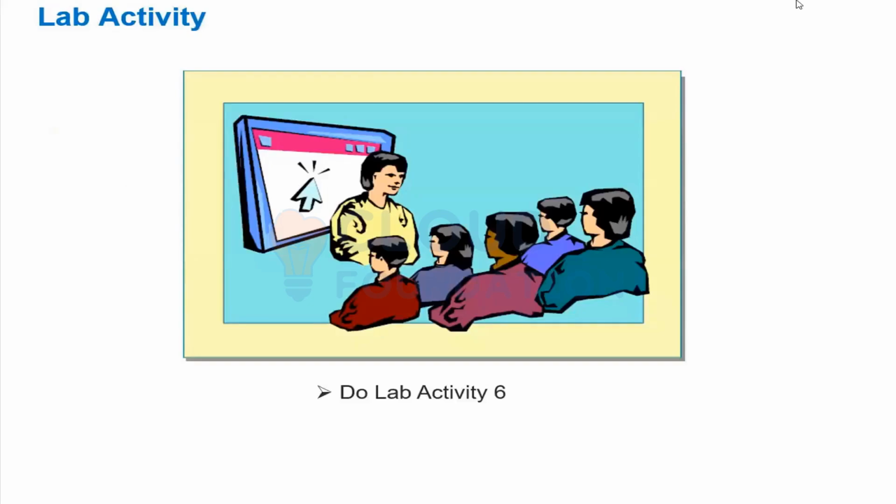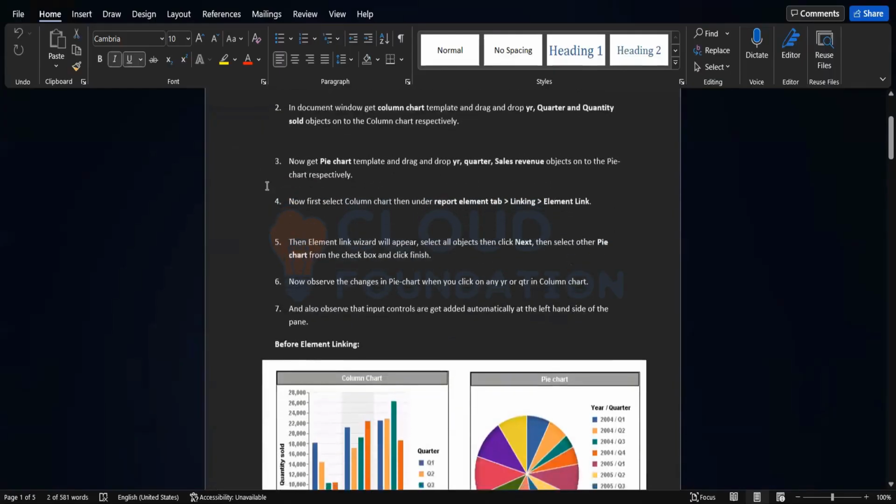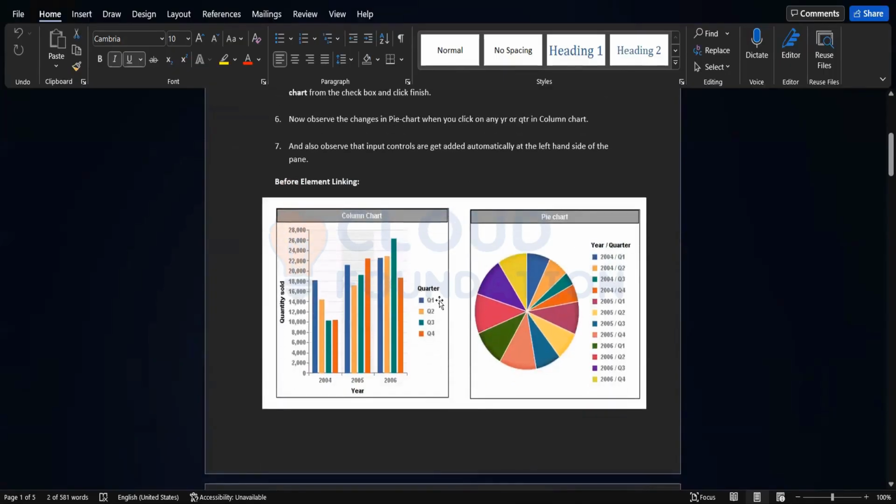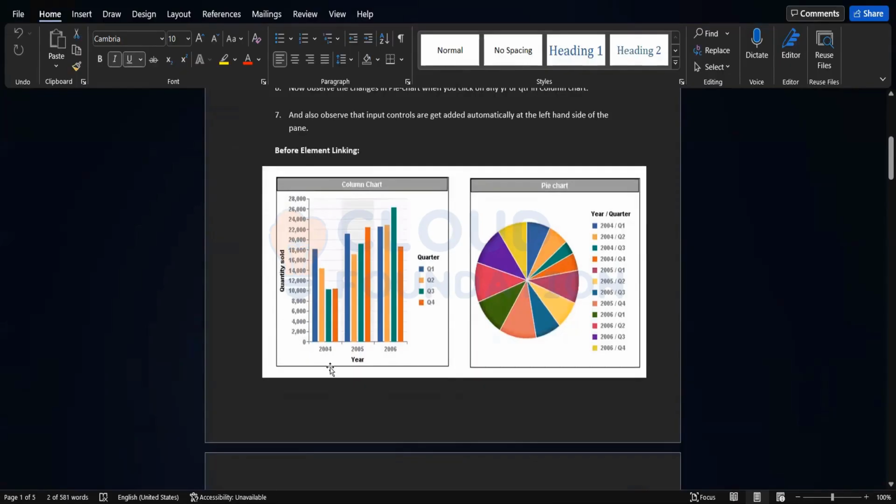Now let's see lab activity 6. Here we have two charts. Before we apply element linking, the first chart shows quantity sold per year, and the legend is for quarter: Q1, Q2, Q3, Q4.